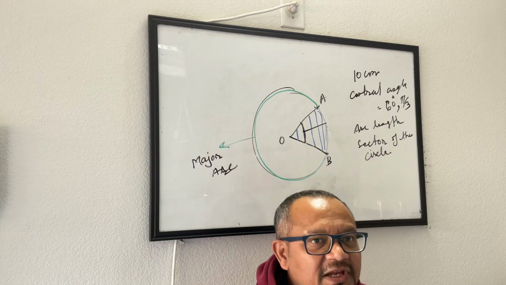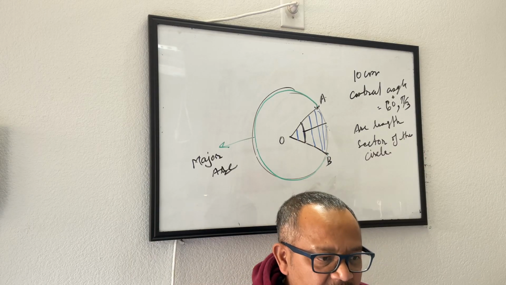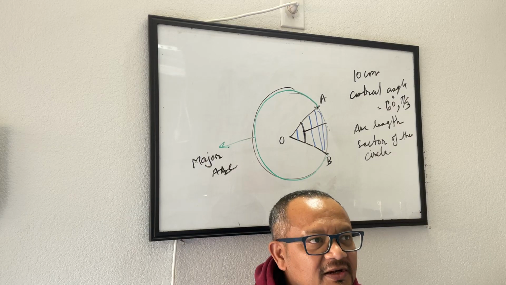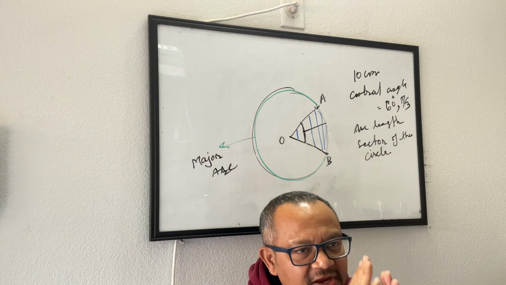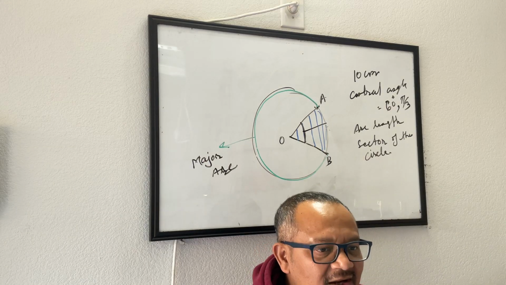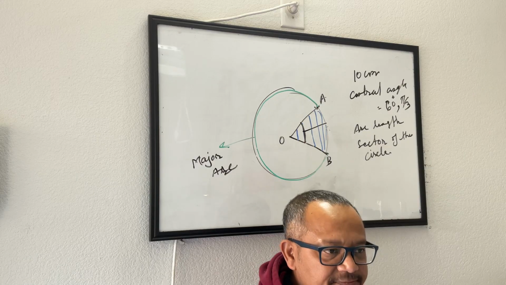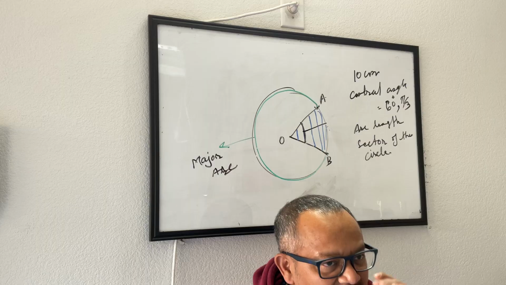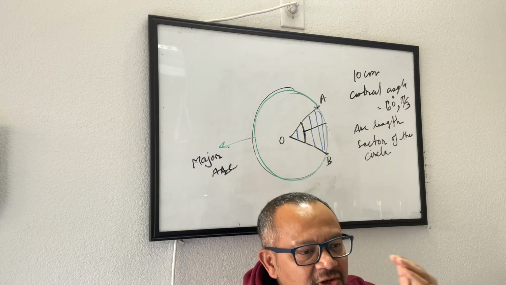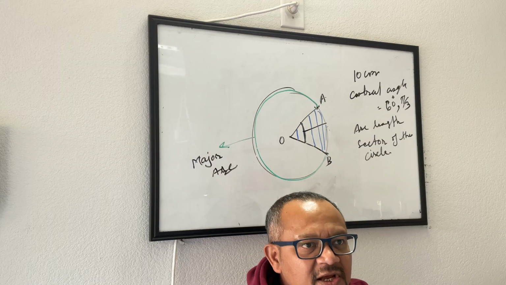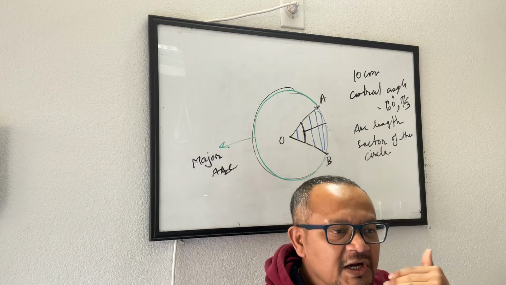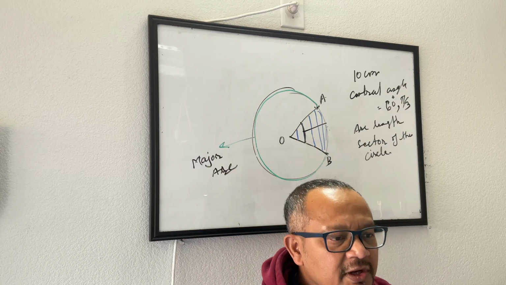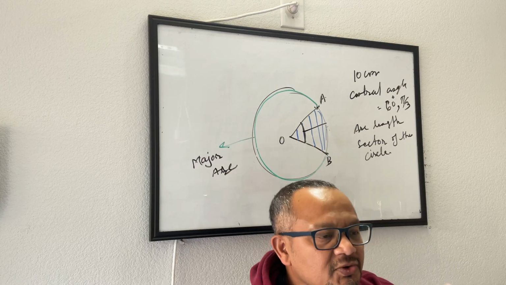See, apart from teaching you guys math, my goal is to also kind of navigate you guys towards becoming a storyteller. I don't want you guys to tell stories which are not relevant, but when I say I want you to become a storyteller, what I mean is I want you all to be able to articulate what you know and how you want others to know it from you.